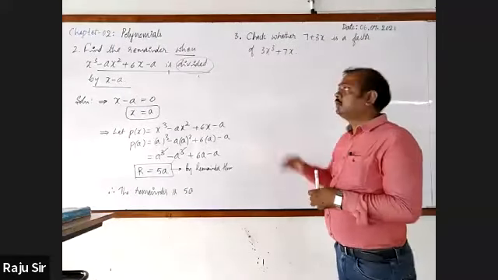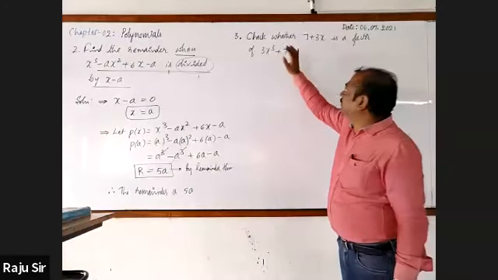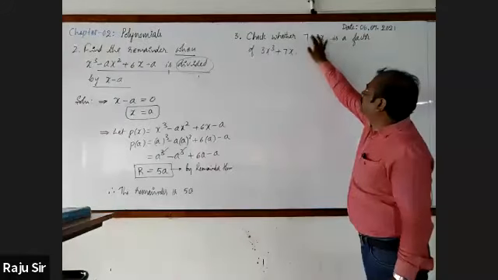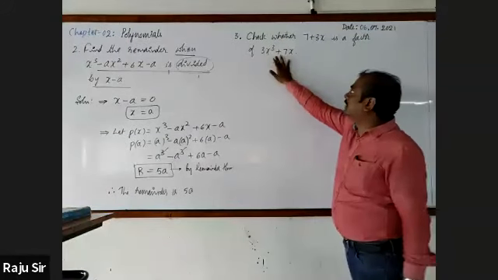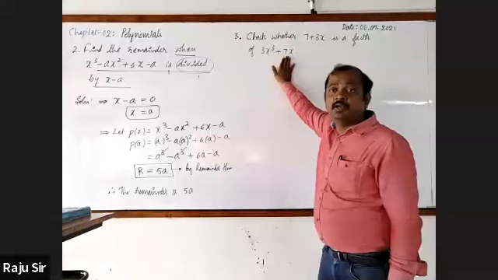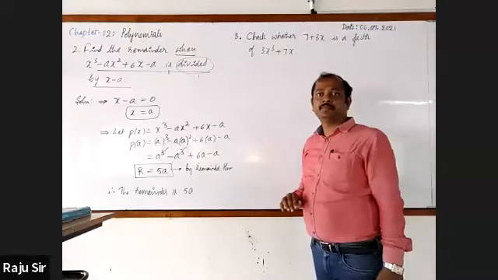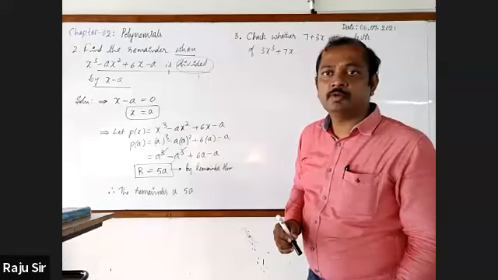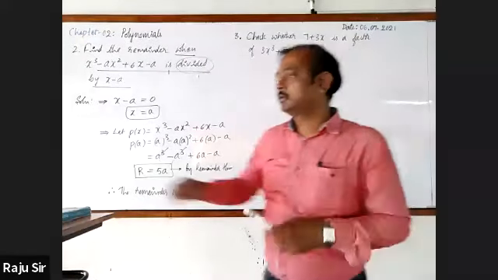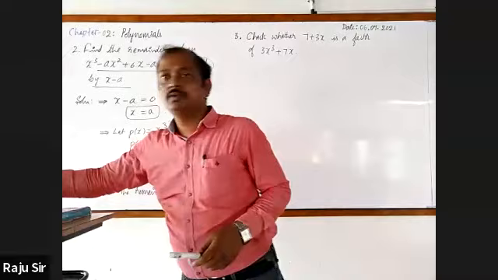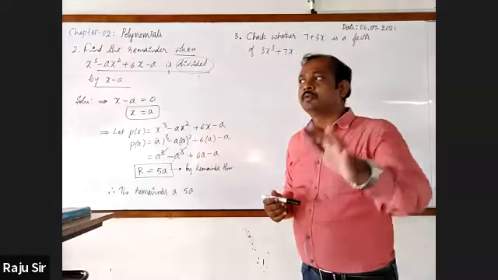Anyhow, check whether 7 plus 3x is a factor of 3x cube plus 7x. Then how do you come to know whether it is a factor? Sir, we have to divide 3x cube plus 7x by 3x plus 7. Very good.